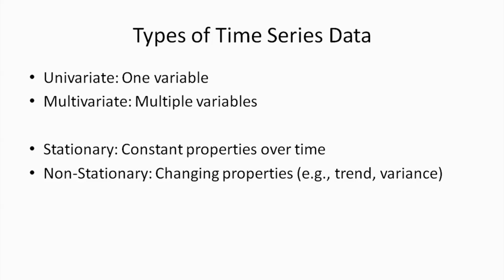But when multiple variables interact over time, it becomes a multivariate data set. There is also another critical distinction: stationary versus non-stationary data sets. Stationary data has constant statistical properties over time, while non-stationary data shows trend, seasonality, or changing variances. Okay.